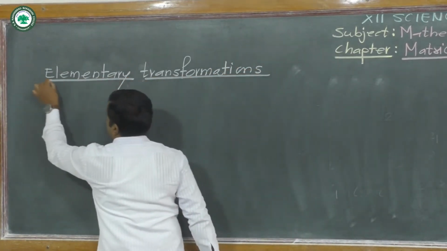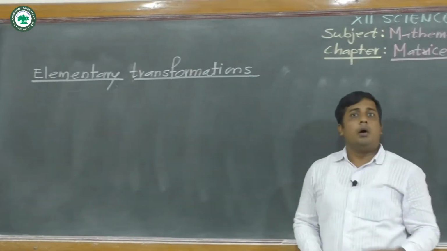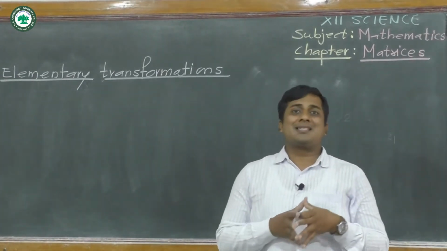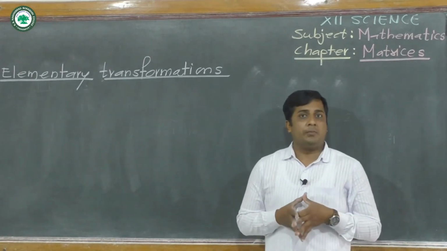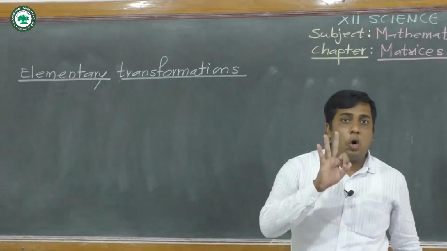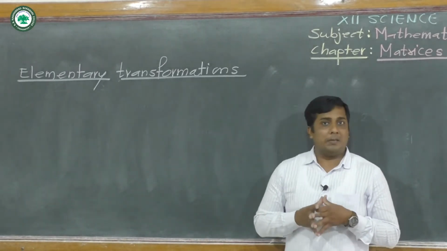Okay, very interesting part it is. Here there are total 6 operations, that is there are total 6 transformations. In that 3 is for rows and 3 is for columns.